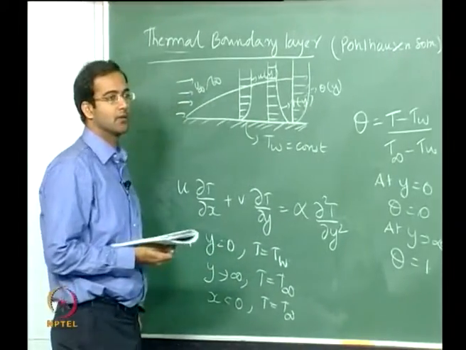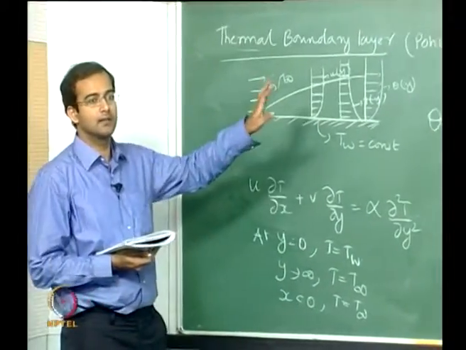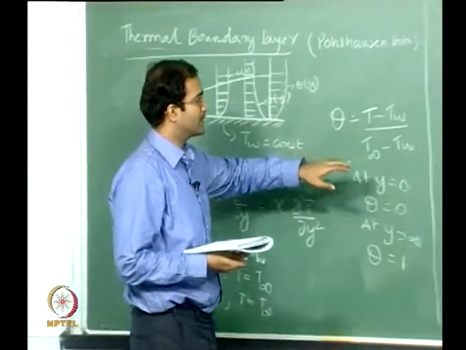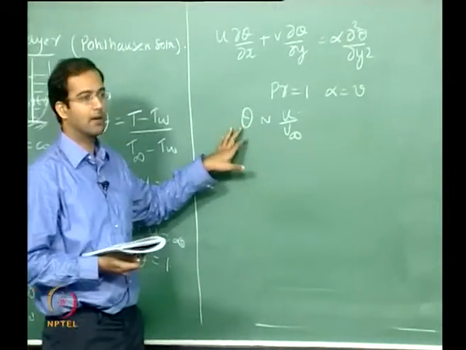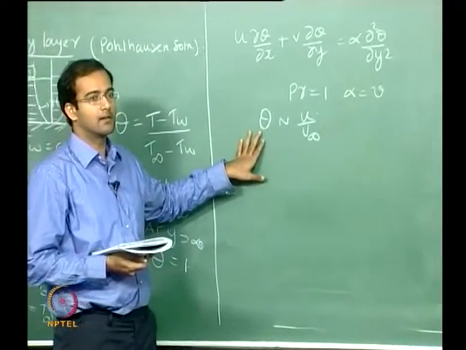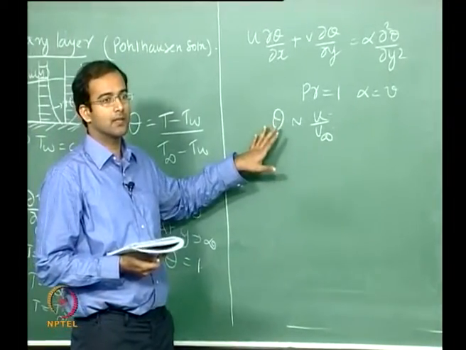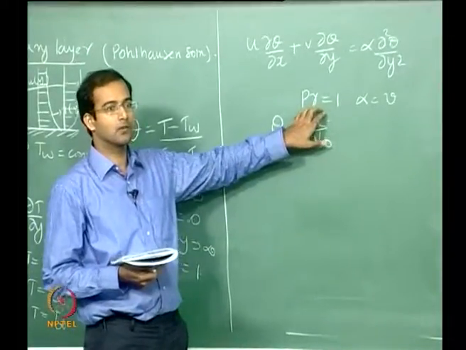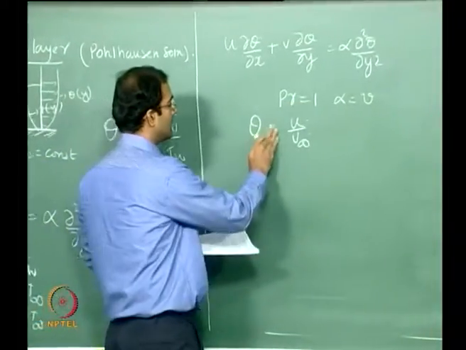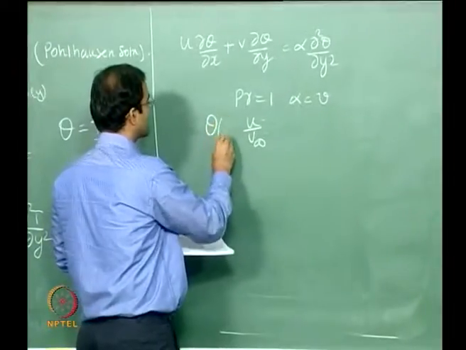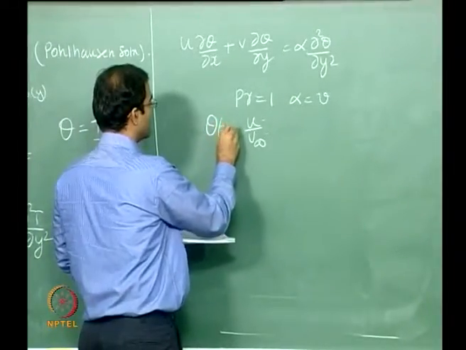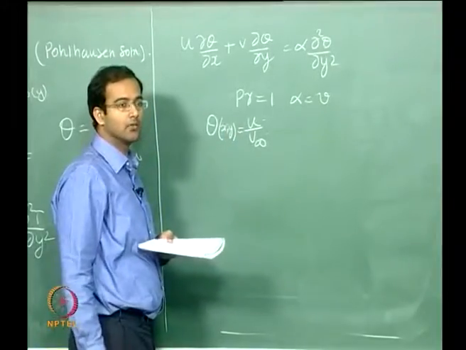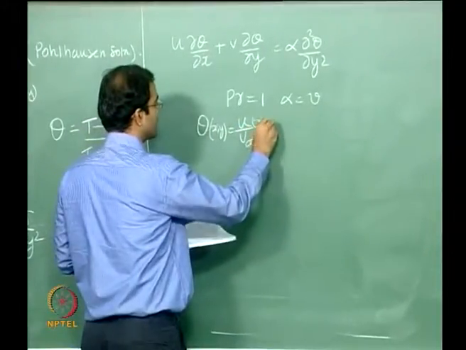Okay, so what do you find? This is exactly identical to the momentum equation, except that you have it in terms of theta instead of u by u infinity. Therefore, for this case where the Prandtl number equals 1, the solution for theta as a function of x and y should be exactly identical to u by u infinity as a function of x and y.